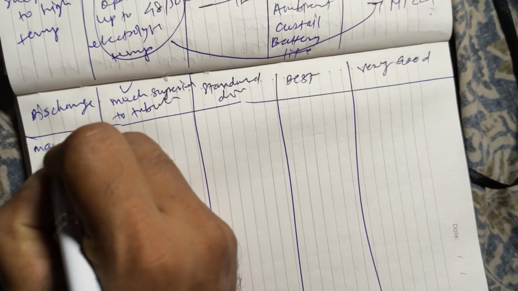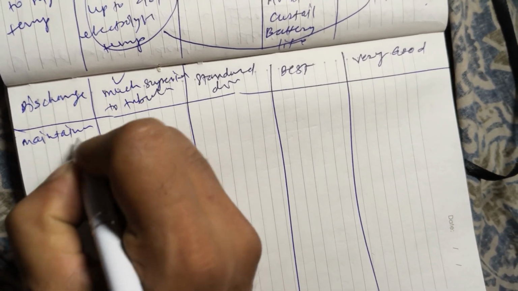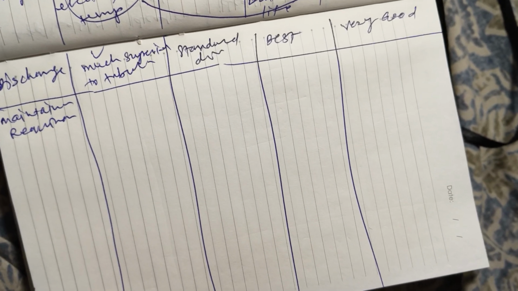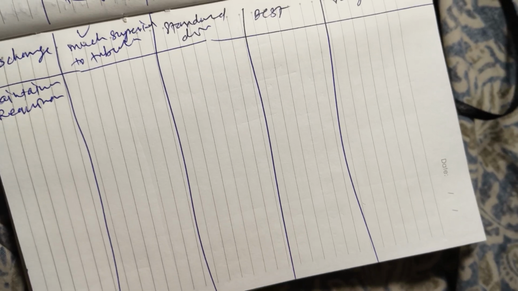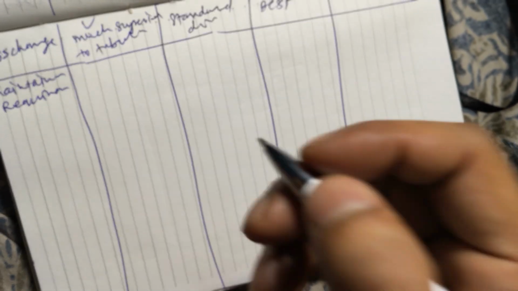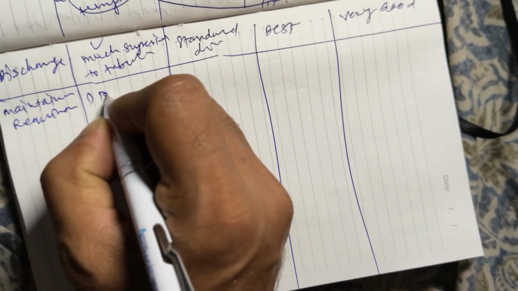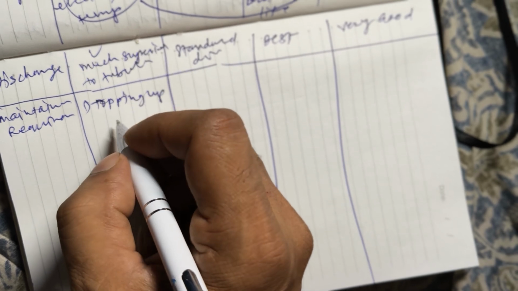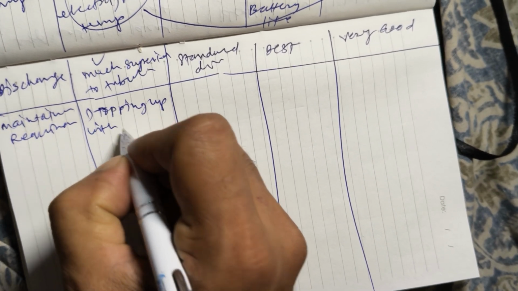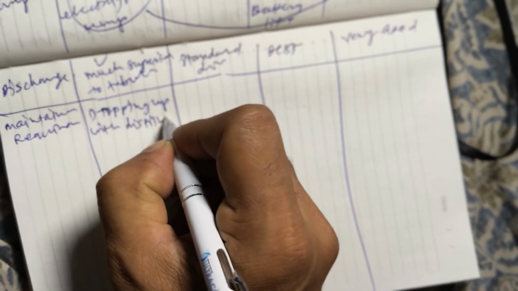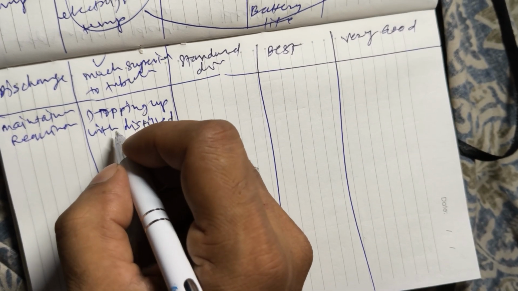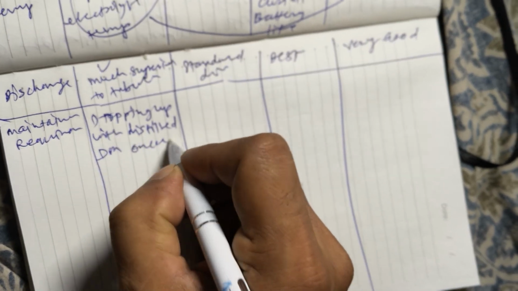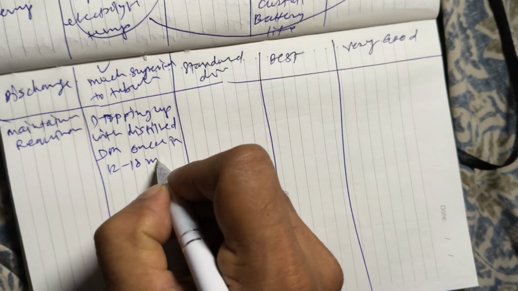Maintenance requirement. For plante: topping up with distilled DM water once in 12 to 18 months.